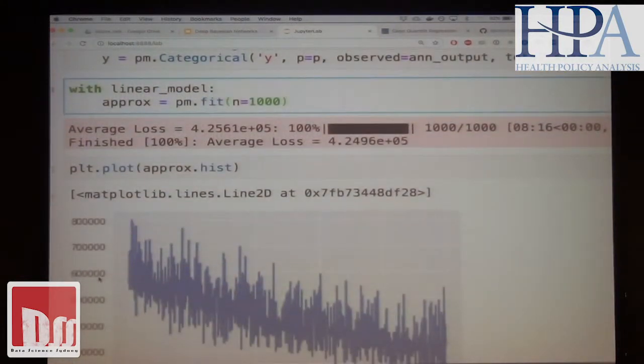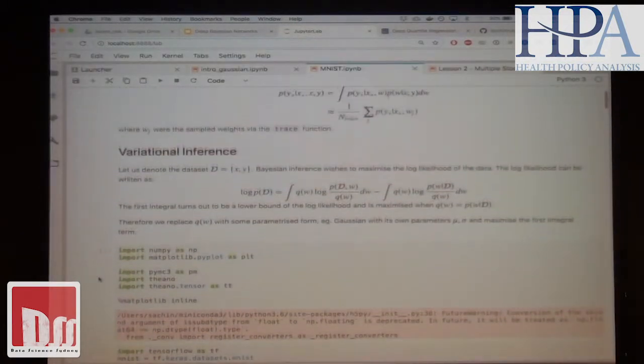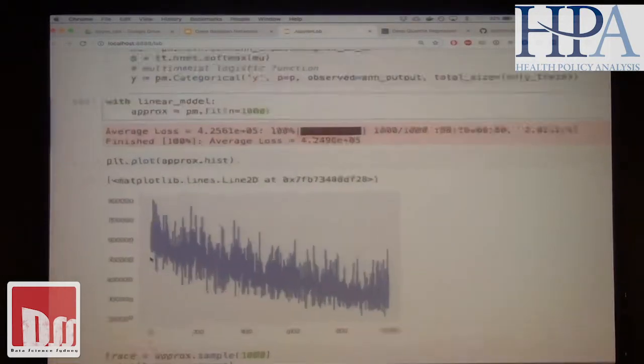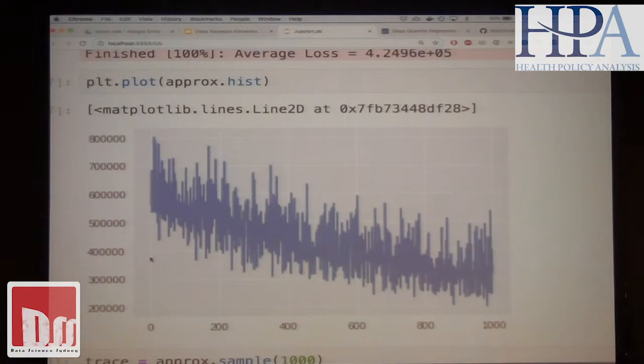What it's doing is minimizing a loss function. Instead of searching through your entire space, which is what proper Bayesian methods are supposed to do, this is minimizing a loss function, which I've written down the maths for. If you want to check it, you can do it later. But that's what's happening.